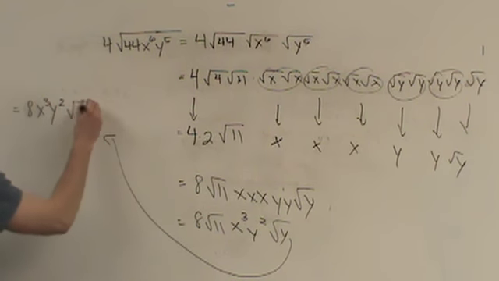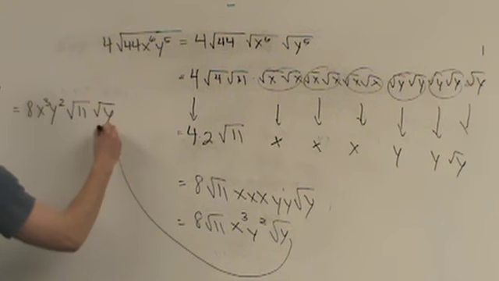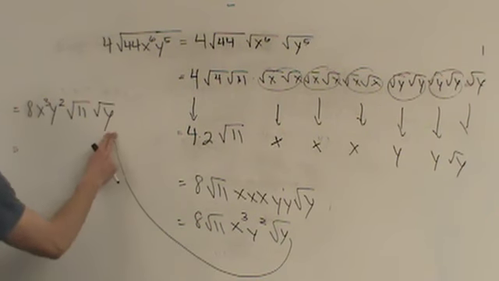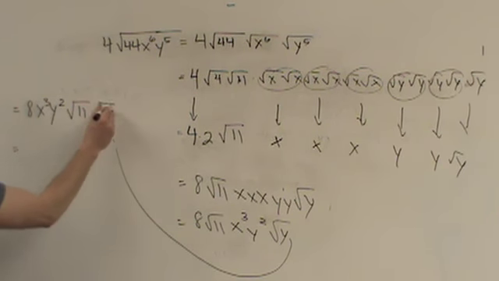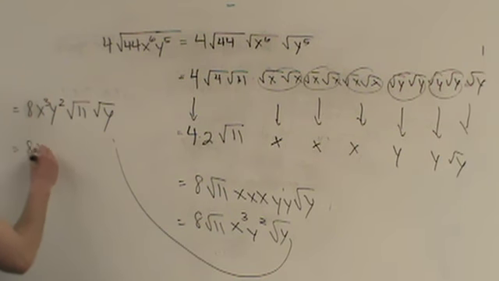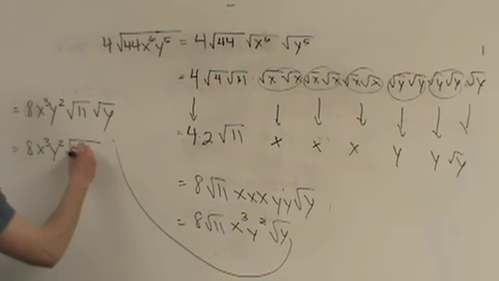Then we have the square root of 11 and the square root of y. Now what we do not want is to see 2 radicals. So what do we do? We combine them underneath 1. So we say 8x cubed y squared, and put these underneath the same radical, 11y. And we're finished. That's all there is to it.